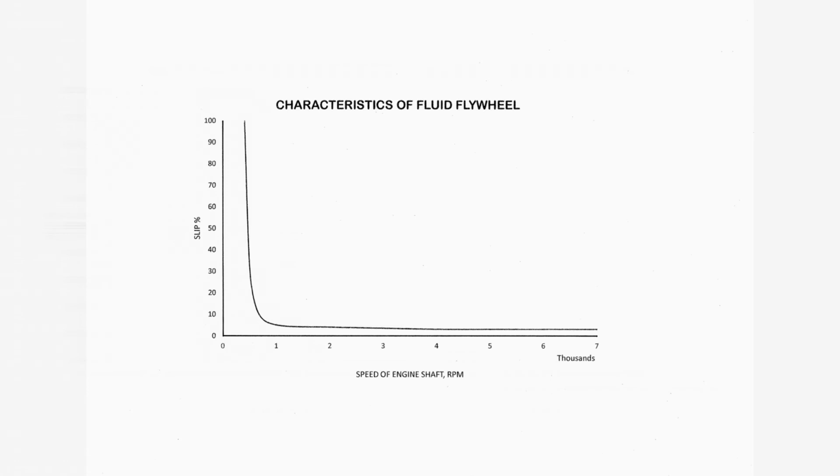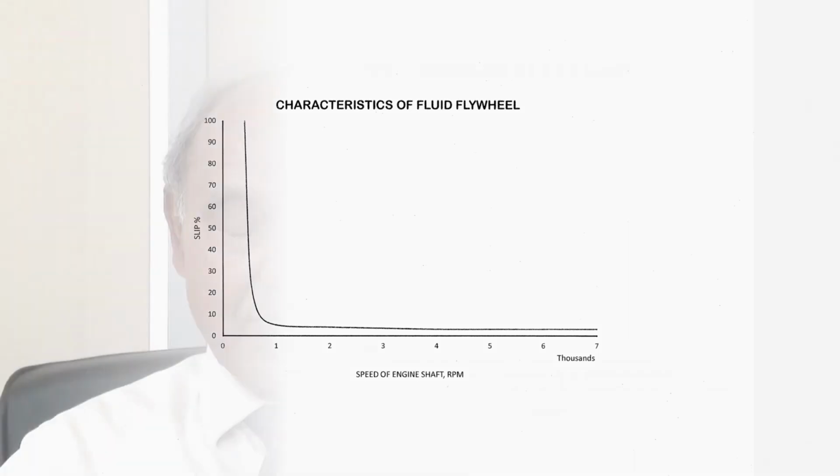Initially, it can be observed in this case that with engine speed or the speed of the driving shaft between 0 and about 400 rpm, the percentage slip is about 100%. This means no motion is transferred to the gearbox shaft and it is the disengaged position of the clutch.